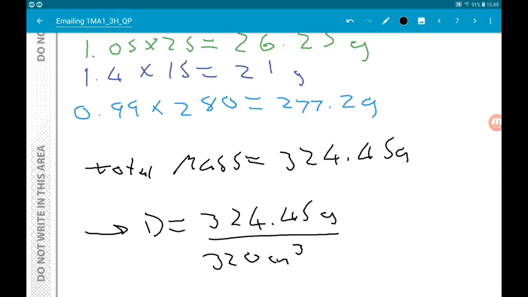Now to 2 decimal places, that gives us 1.01. Cool.